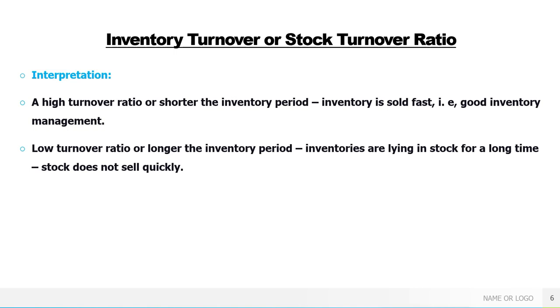Also, if we get a very low result, that is a low turnover ratio or a longer inventory period, it indicates that the stock is dumped in the godown of the business. It takes a long time to convert to cash. If the ratio is very low, it indicates inefficiency in the management of inventories.